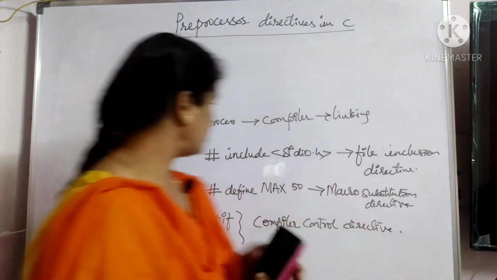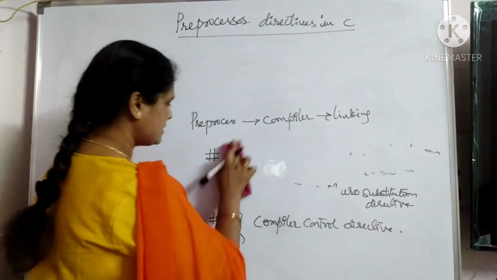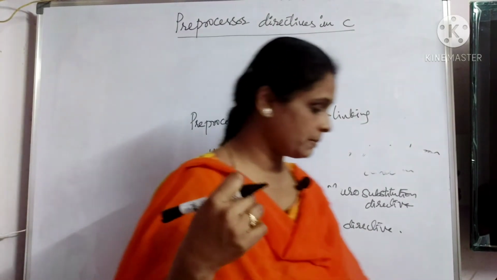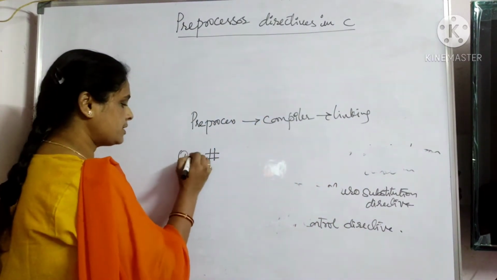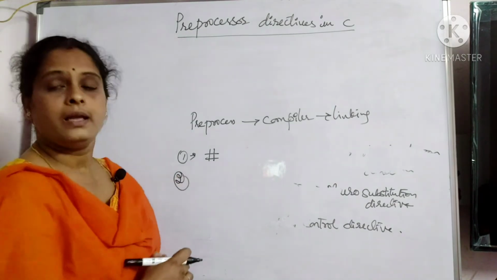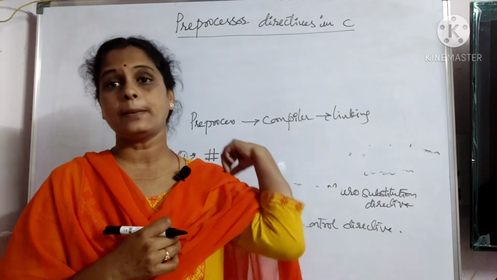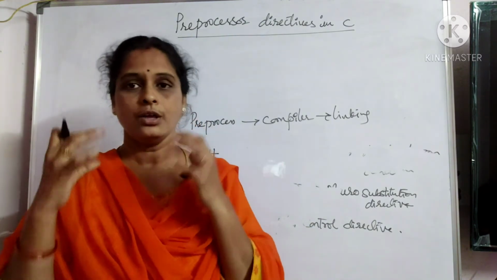Now, coming back to this part: the first thing I said is that any preprocessor directive will start with the hash symbol. The second thing is that it has nothing to do with the programming part, with your coding part.